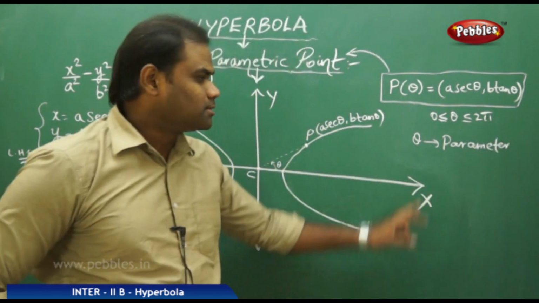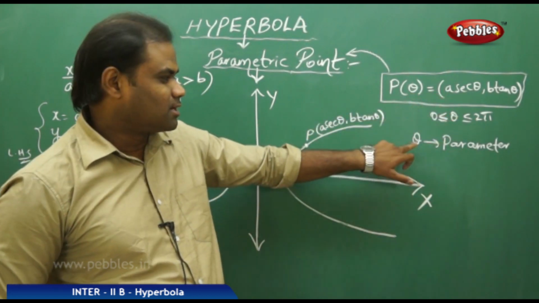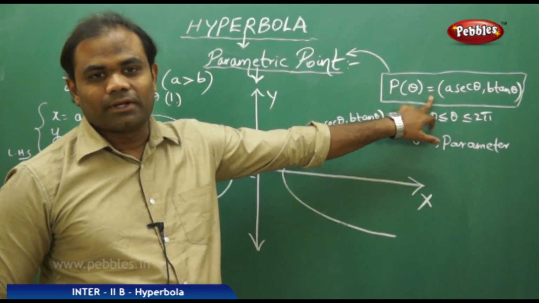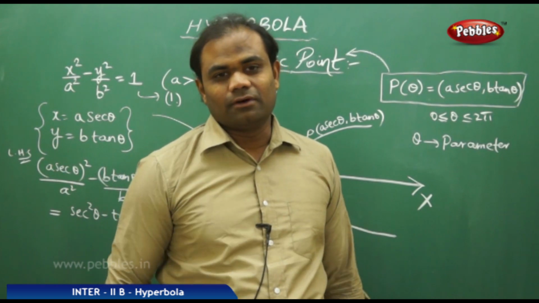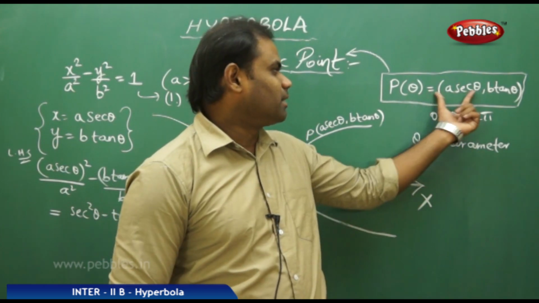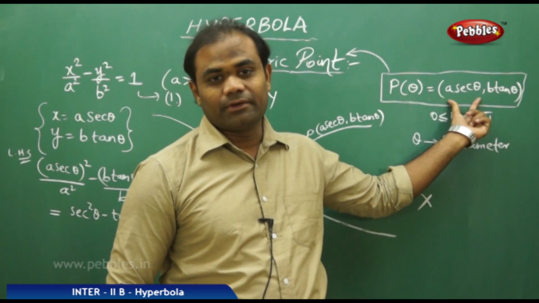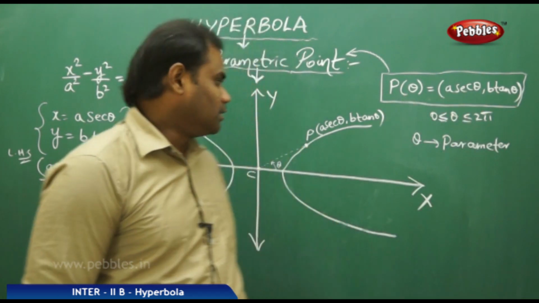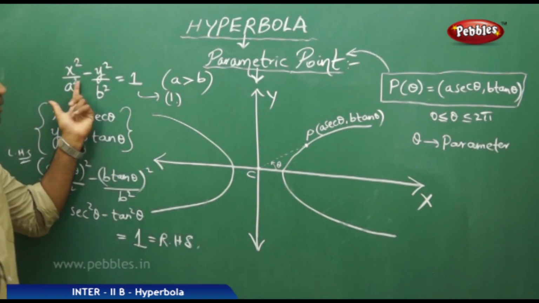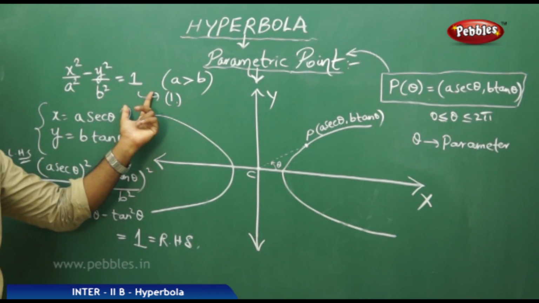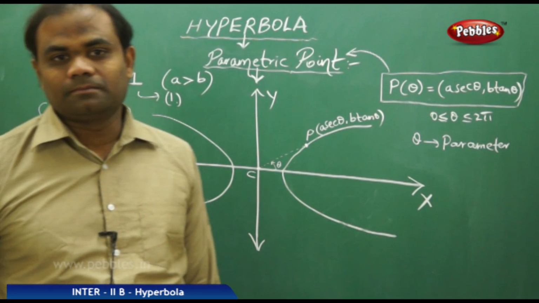As the angle changes, the point changes. So this is the criterion for changing of the point, and hence it is the parameter or the decision factor for the parametric point. Theta is the parameter, P of theta is the parametric point of the hyperbola x squared by a squared minus y squared by b squared equals 1 with a greater than b.